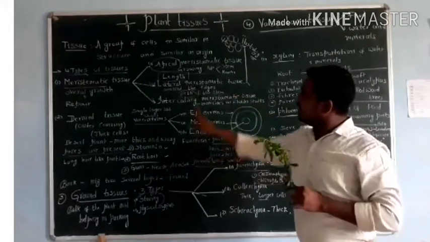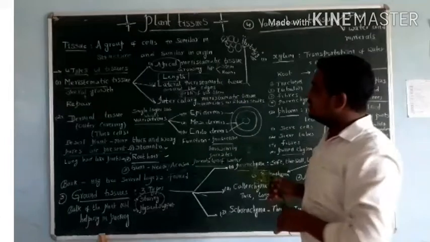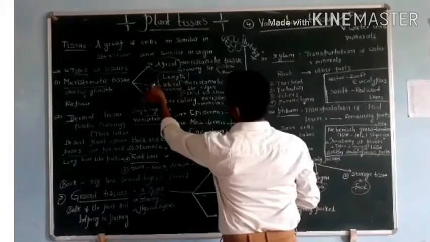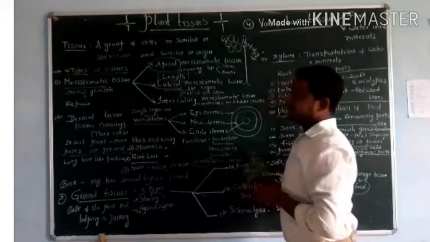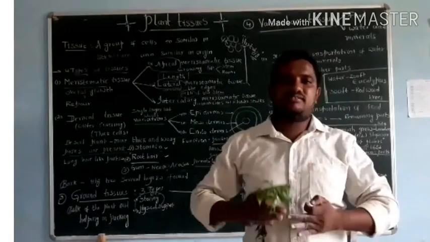Second one is lateral meristematic tissue. From the term you can understand, lateral means sides or edges.